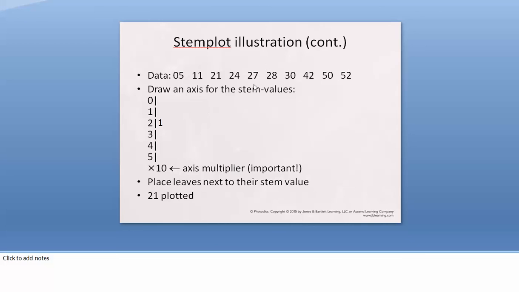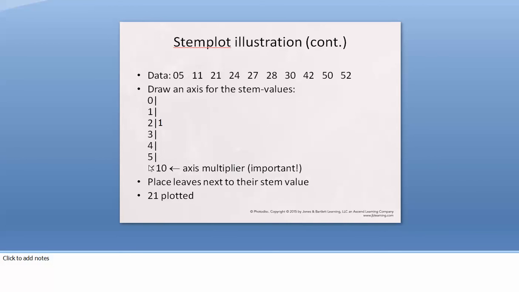So here's the illustration continued, where you do the stem and leaf. I just listed the data again for you here. Now we have the stems written down vertically, and they're increasing. So 0 corresponds to this stem here, and 1 in here, 4 would be right here, and so forth.